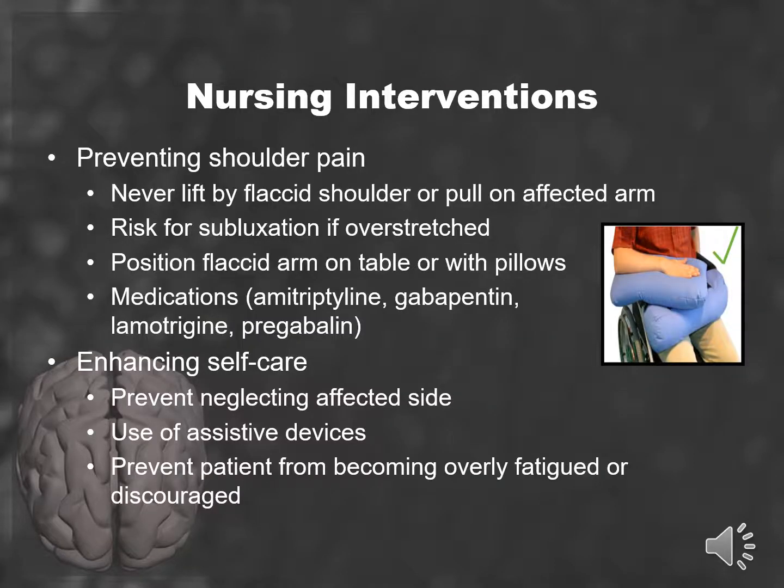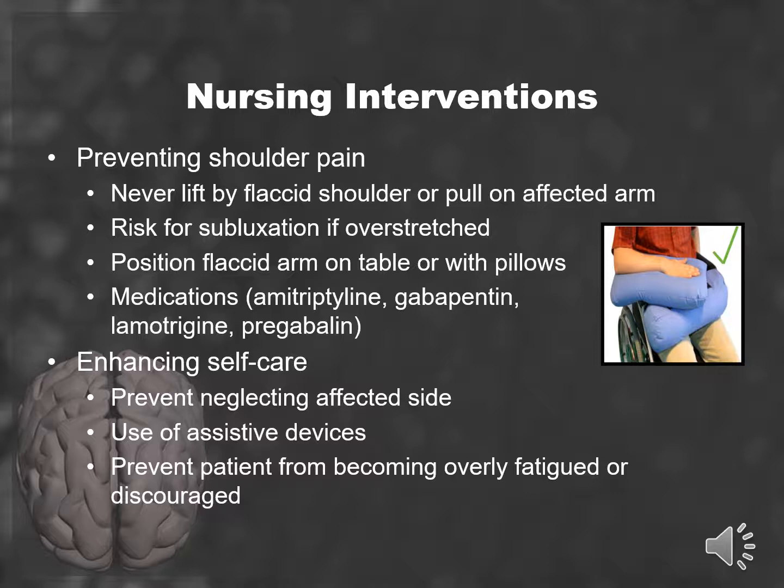Because many patients with a stroke become hemiplegic or have weakness on one side of the body, a big thing we have to look at is that arm and prevention of further shoulder pain or shoulder injury. So we always want to make sure that we never pull or lift on the affected side. If we overstretch it or pull it, we have a risk for dislocating it or partially dislocating it.